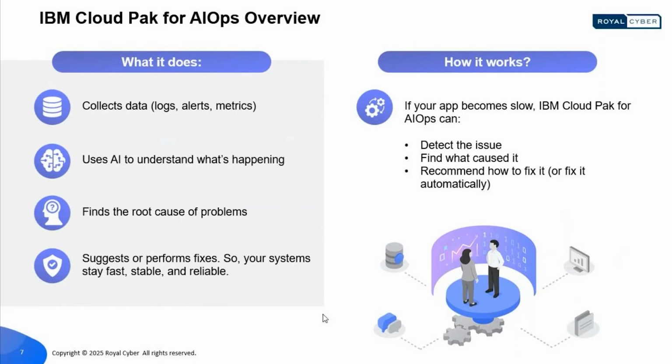It can easily find the root cause of problems and suggest or perform fixes. Okay, so your systems stay fast, stable, and reliable. So it means you can easily reduce your L1 support staff and your L2 support staff. In place of those, this tool can easily handle all those issues. If your application becomes slow, for example, IBM Cloud Pak can detect the issue, find what causes it, and recommend how to fix it.